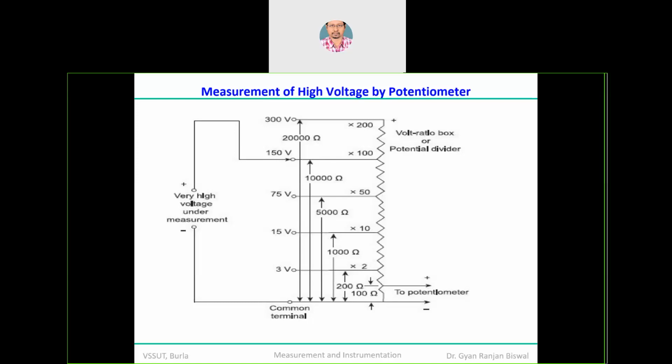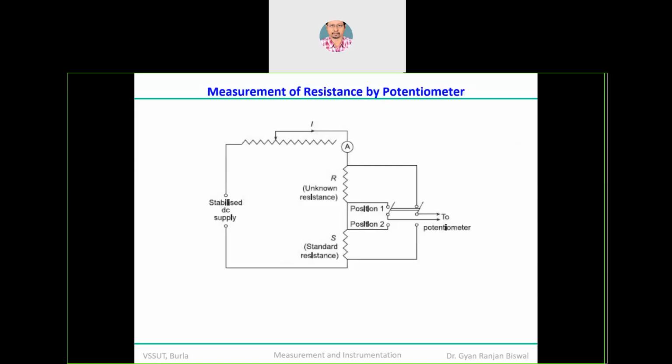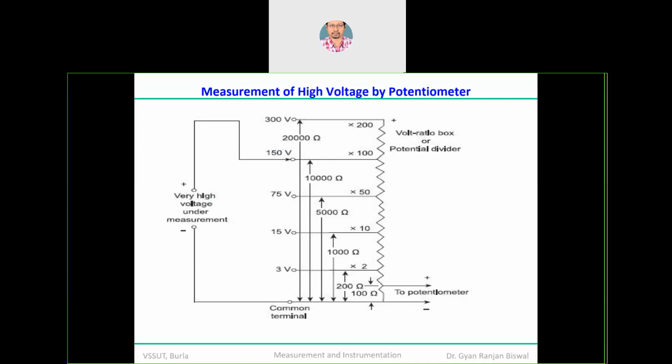So it is being multiplied by that many times. That's how it is able to convert from 3 volt to 300 volt. For example, it can even be 33 kilovolt also. So with the help of this particular arrangement, you can simply reconfigure your ratio and you will be able to calculate the unknown value.